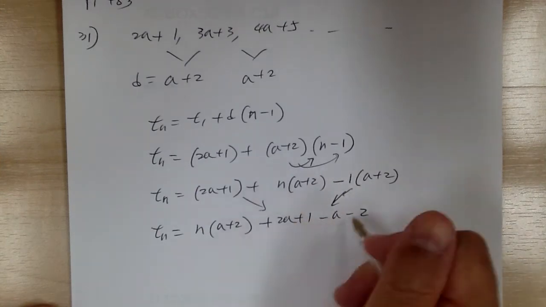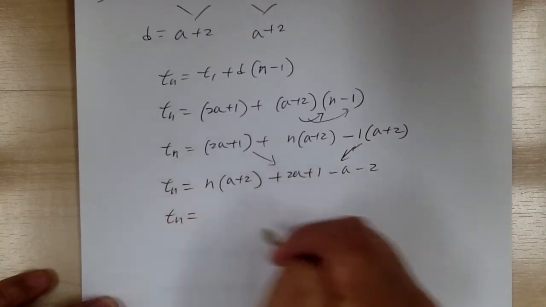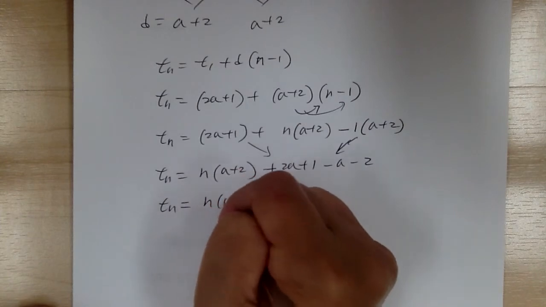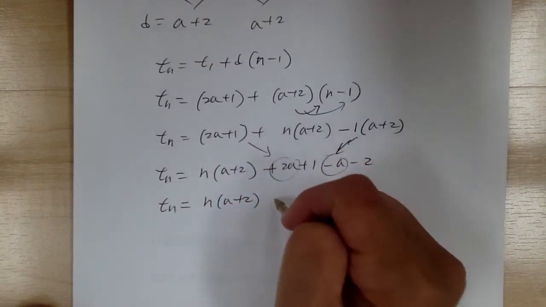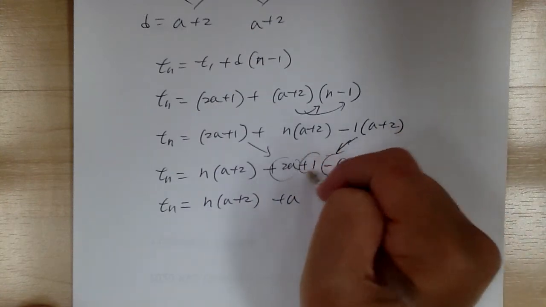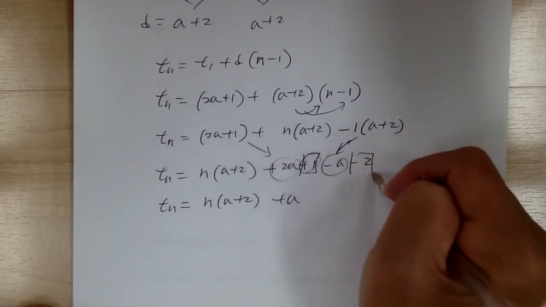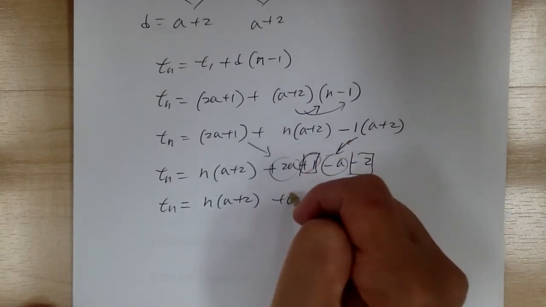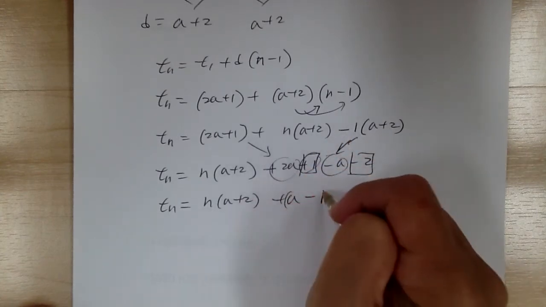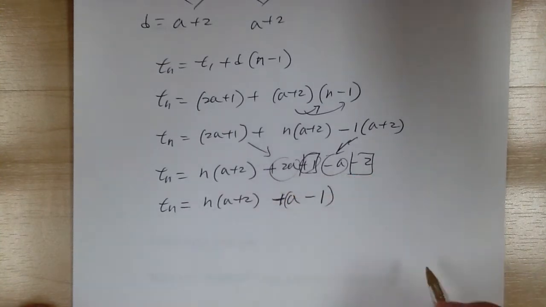Then after you combine these, t of n will equal n times a plus 2. Then you combine the like terms, so it will be plus a, and this one would be minus 1. You can put parentheses around here, and that will give you the book answer.